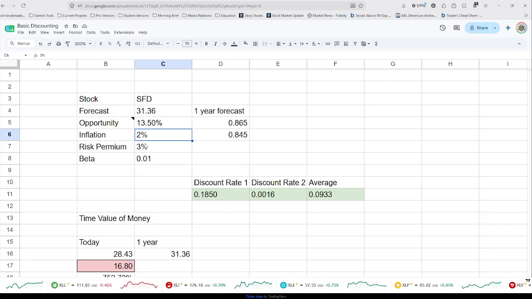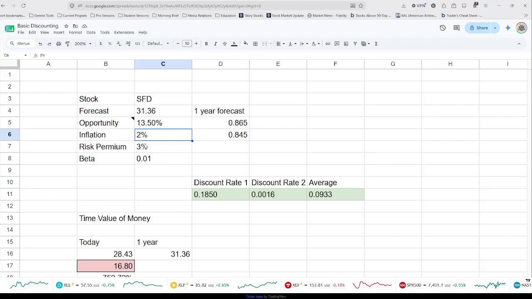Plus, on top of that, I got to give up 2% for inflation. So I'm going to add that to their bill. All right. And then you have that risk premium, or that beta, that really shifts things from there, just to give you an idea of what you're expecting out of a company over the long run.